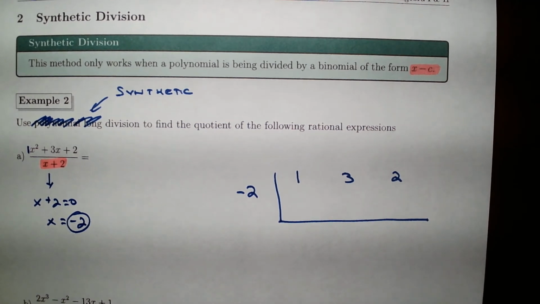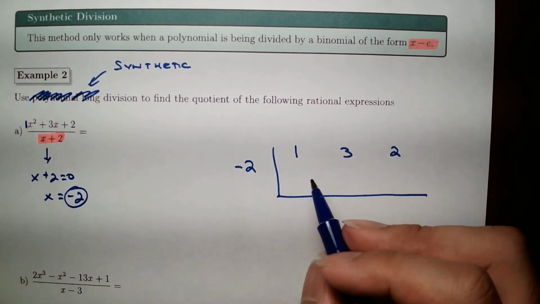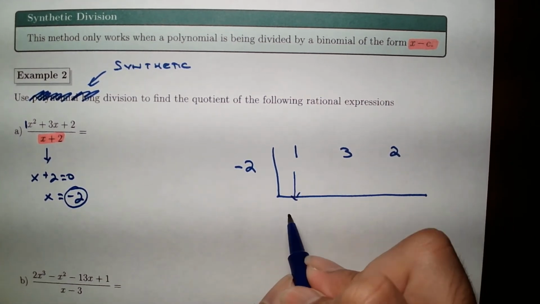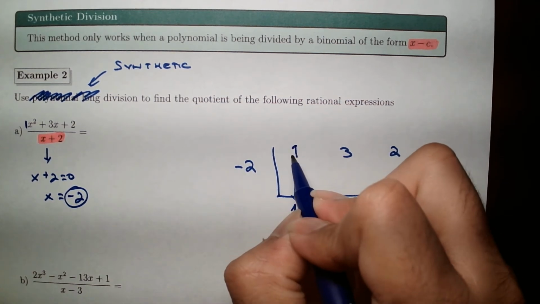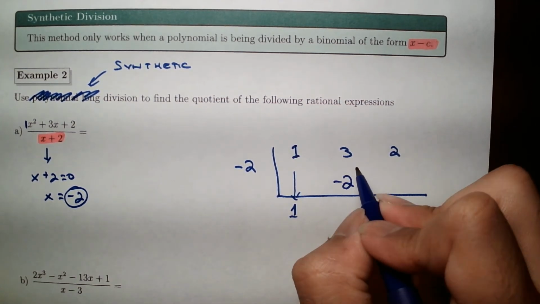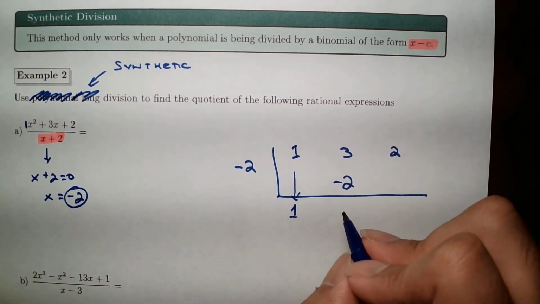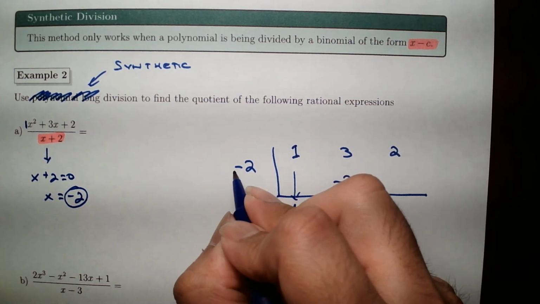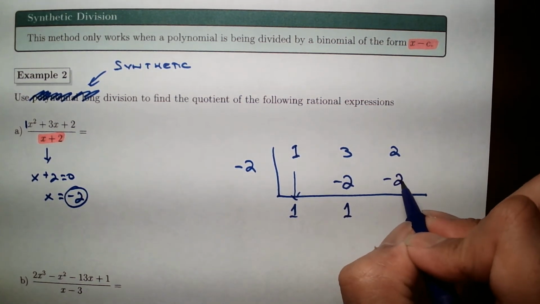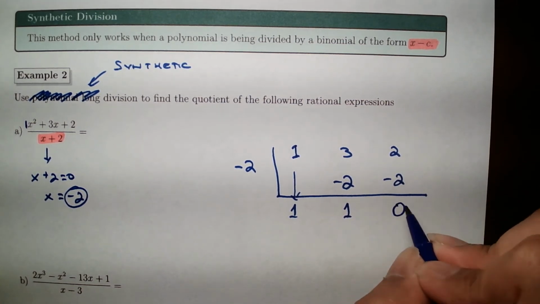Well, number 1, the first term, drop. Multiply these two. -2 times 1 is -2, and then add these two numbers. 3 minus 2, that's 1, and then again this 1 multiplied by -2, that's a -2, and then add this again. 2 minus 2, 0.